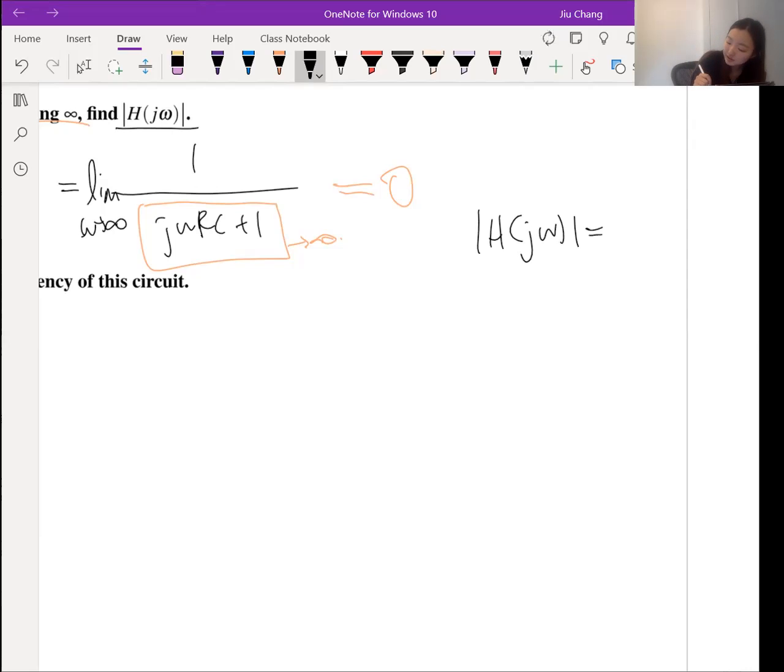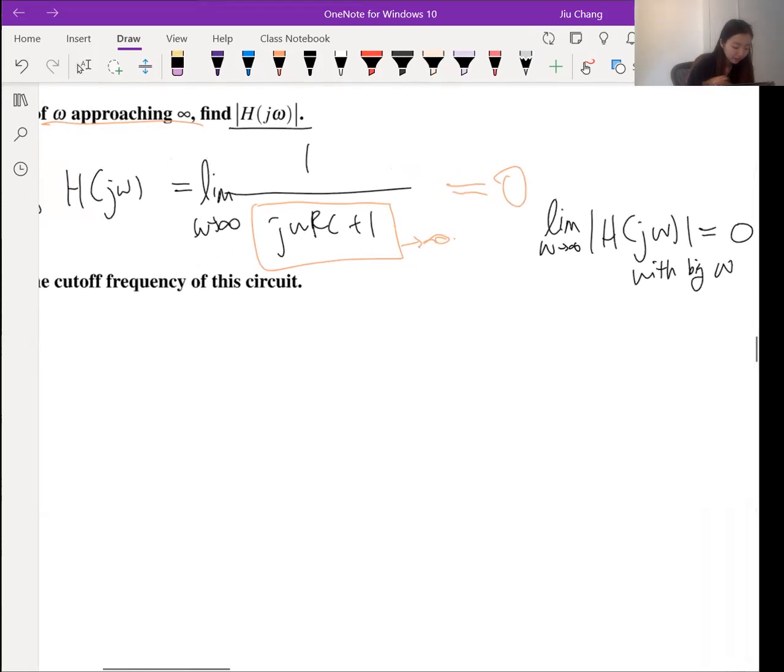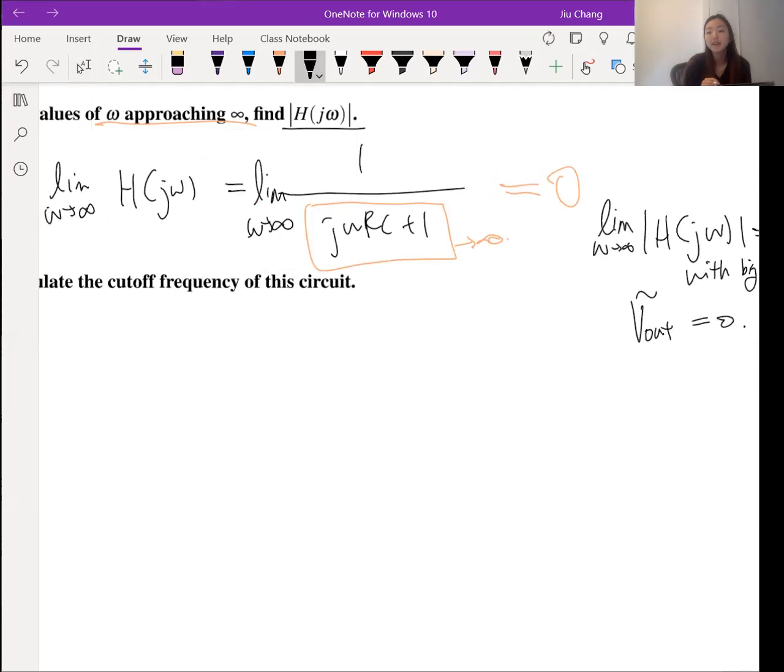So the magnitude of our transfer function is 0 as omega goes to infinity, big omega. And this means our V out phasor is equal to 0 for a big omega.